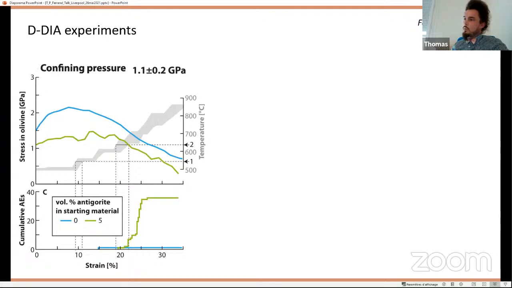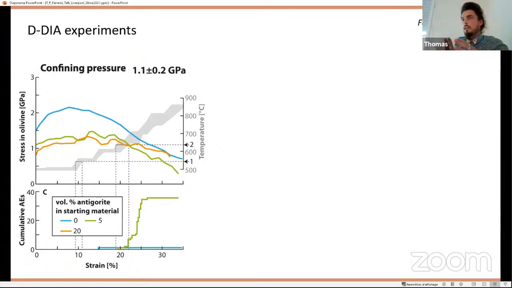So when you do the same experiment with 20% Antigorite, you have the same sample-scale stress-strain relation, but no acoustic activity at all, which is one very clear example of something very important, which can be described as force chains or stress percolation.